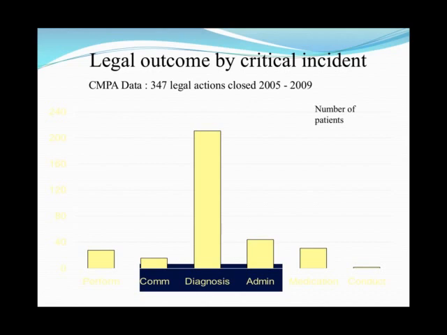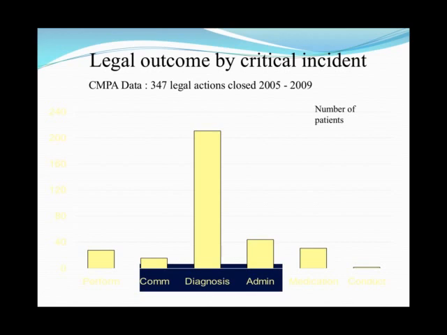And we see here that for the number of patients that are actually winning their cases in the court, it's way, way, way more likely that if the error was a diagnostic error, the doctor is going to have to pay money, or the hospital is going to have to pay money.